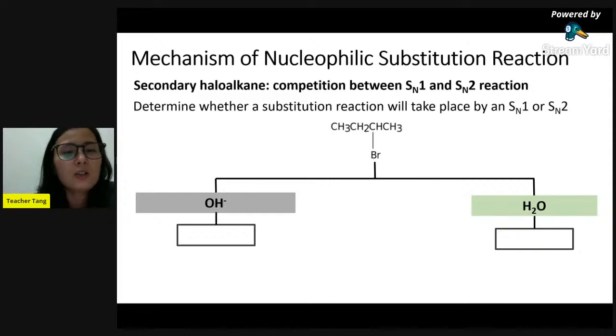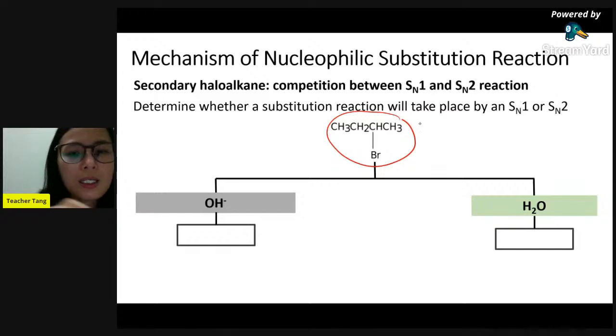Now, shall we do this question? Determine whether a substitution will take place by SN1 or SN2. This is the haloalkane given to us. First we need to determine the class of the haloalkane. Circle the reference carbon.